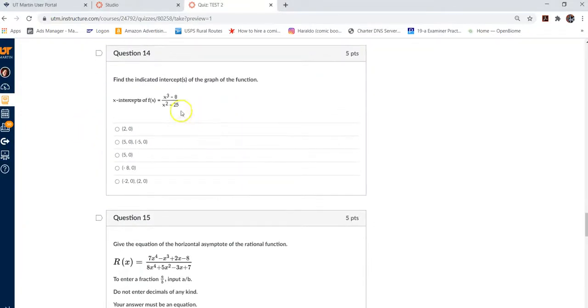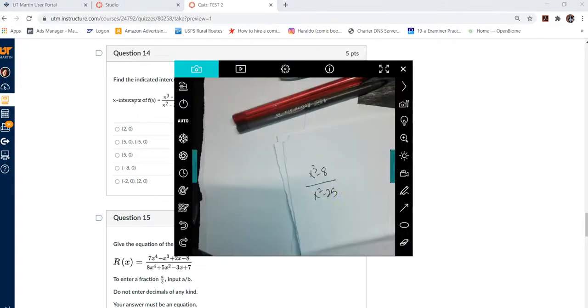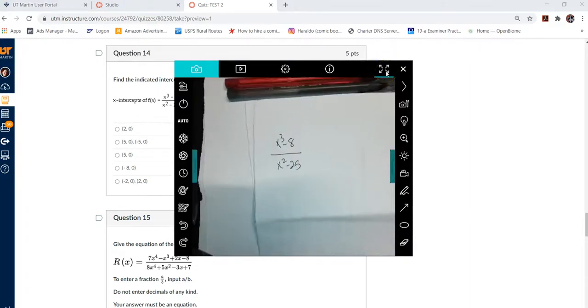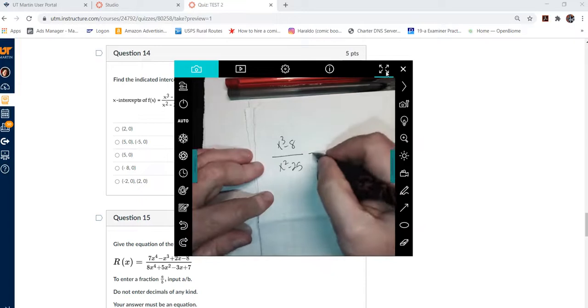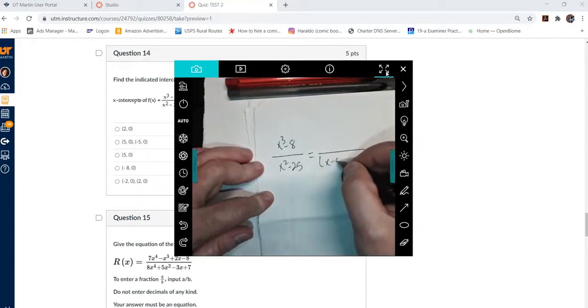Okay. Find the X-intercepts. Okay, the X-intercepts are found at zeros of the numerator after any cancellation. And so I've got x cubed minus 8 all over x squared minus 25. And I know that x squared minus 25 is x minus 5 times x plus 5.